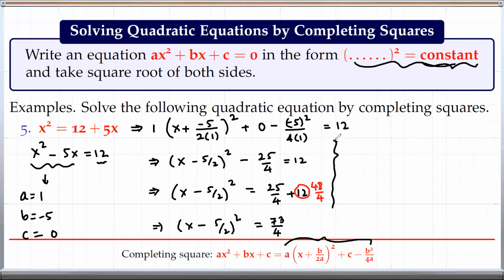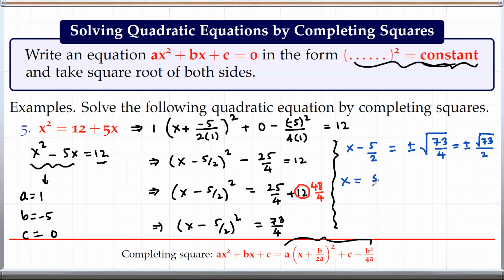Now we just take the square root of both sides. When you do that, we are left with x minus 5 by 2 on the left. And on the right side, we have plus or minus square root of 73 by 4. And square root of 4 is 2. So we can write this as plus or minus square root of 73 over 2. And then we can add 5 by 2 to both sides.